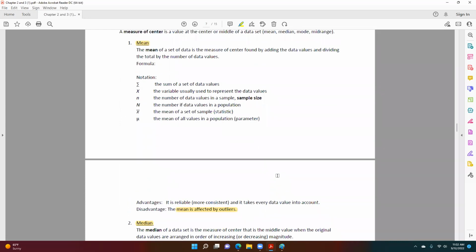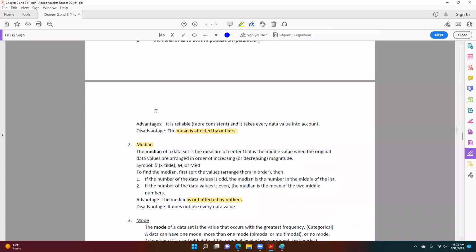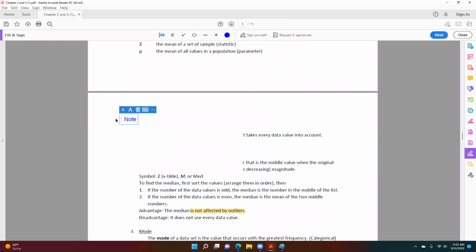So what happens is, if you find any outliers in your data set, you have to report the median. Okay, so this is a little note I want to point out to you guys. This is very important.